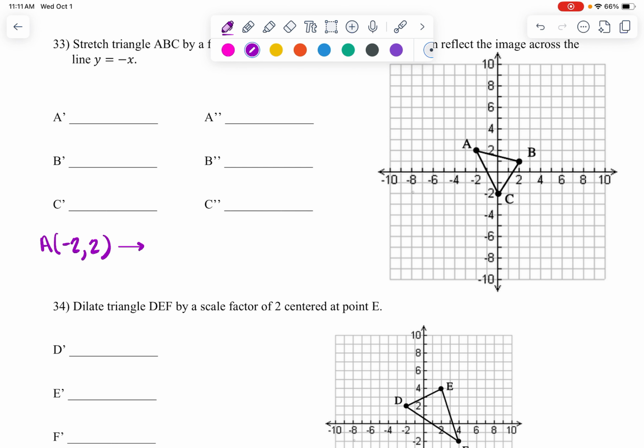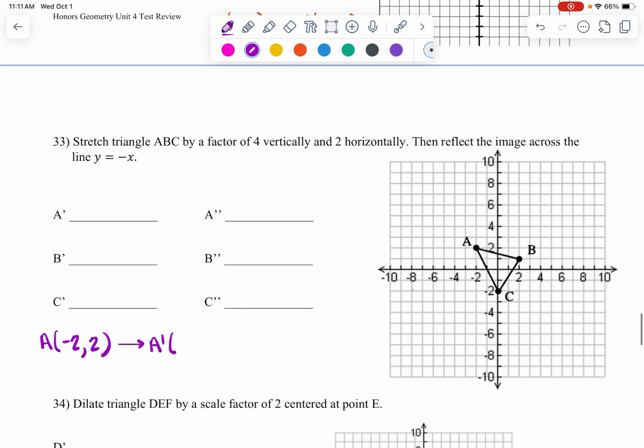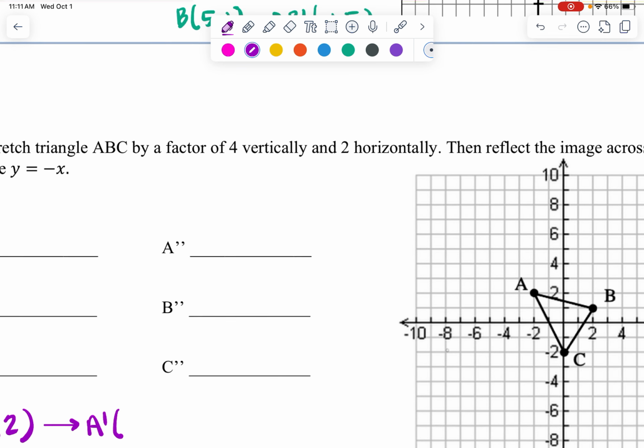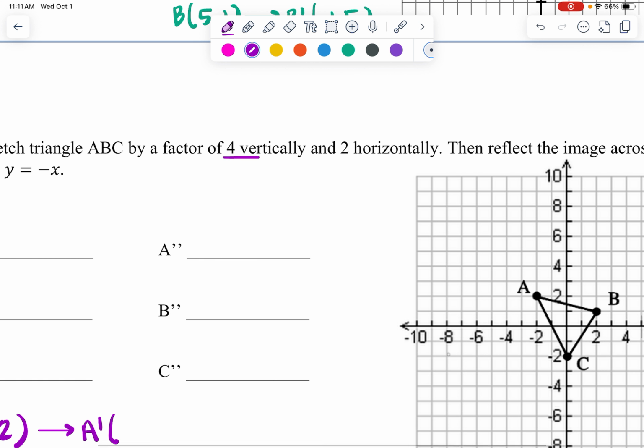All right, so I know for the first transformation, they want me to multiply the 4 vertically. Now, please be very careful because vertical is a Y movement, right? They're trying to be very tricky here, right? So we're going to multiply the Y's times 4.